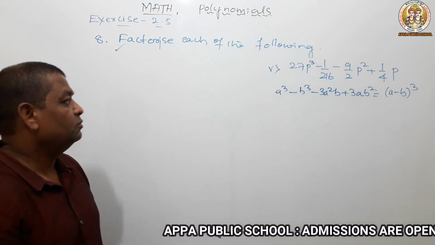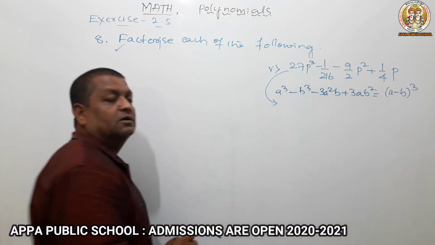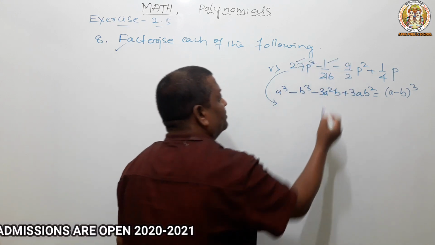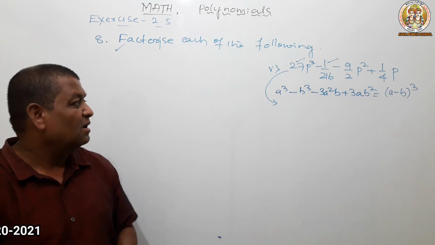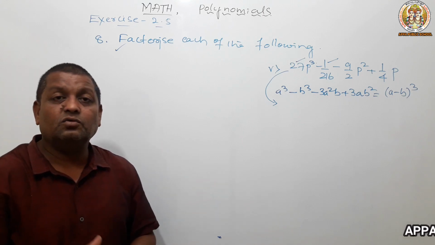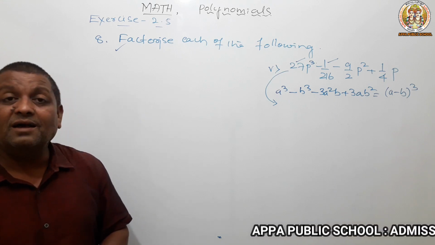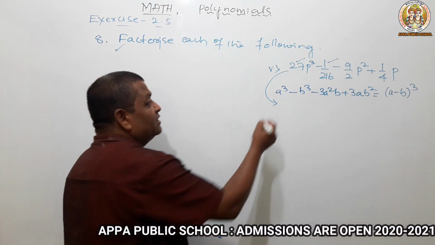What is next? We need to convert the question into formula type. You check whether it is a perfect cube. Yes, 27 is a cube, 3. And 1 by 216 is a perfect cube, 1 by 6.